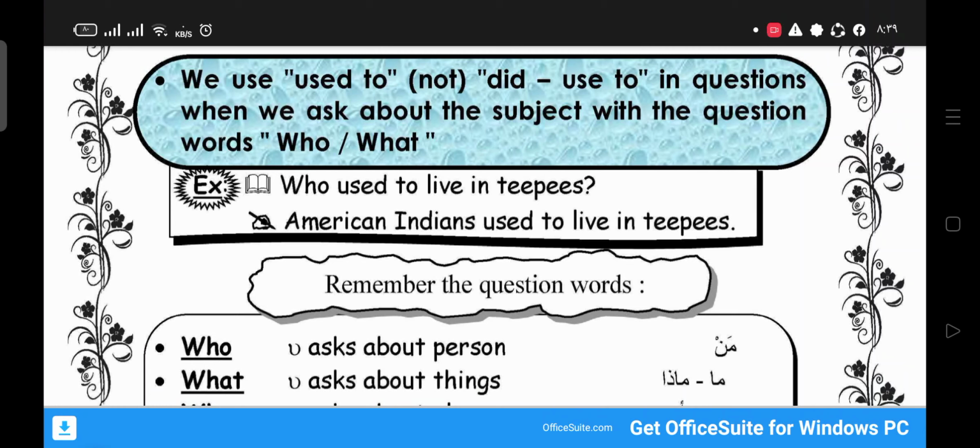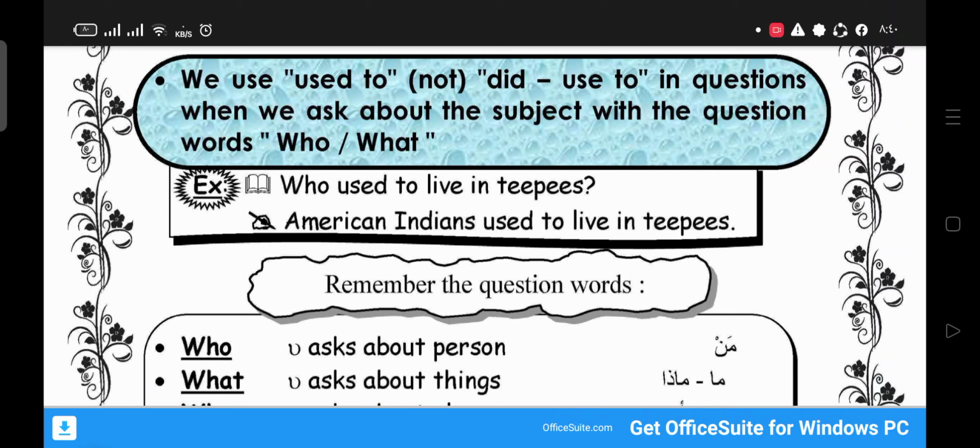If we want to ask about the subject, we use who or what. Like, who used to live in teepees? Here in this question, we didn't use the auxiliary verb. We start with who, then the main verb. The main verb here is used to.